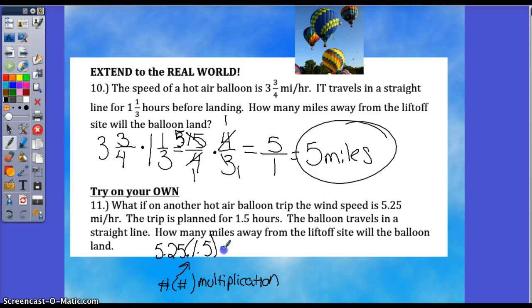And you got 7.875 miles away. If you have no label, it's minus 1/2. So make sure that you do label everything.